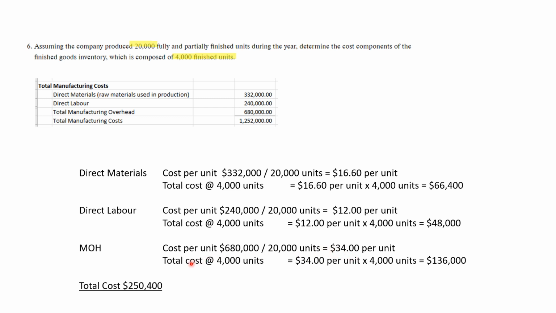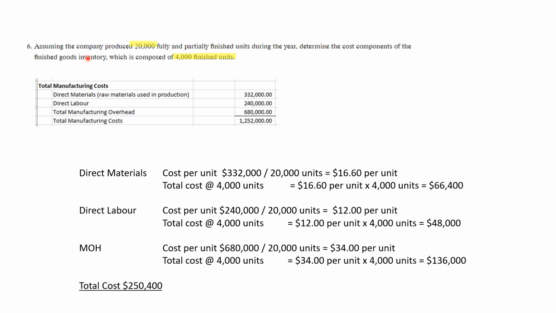To find the total cost at 4,000 units for our finished goods, we're going to do $34 per unit times 4,000 for a total cost of $136,000 for our manufacturing overhead. And so if we add up our 66,400, our 48,000, and our 136,000, we'll have a total cost of $250,400 for our 4,000 units in finished goods inventory.